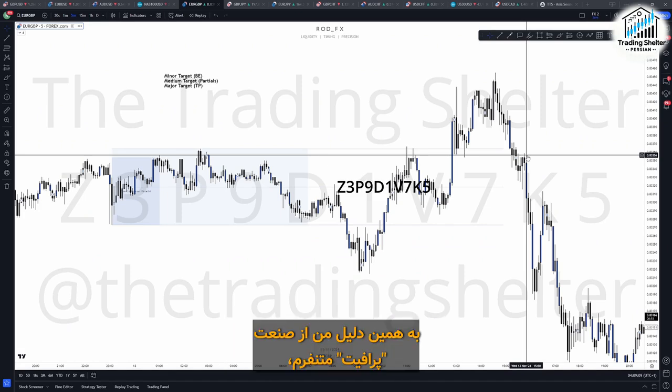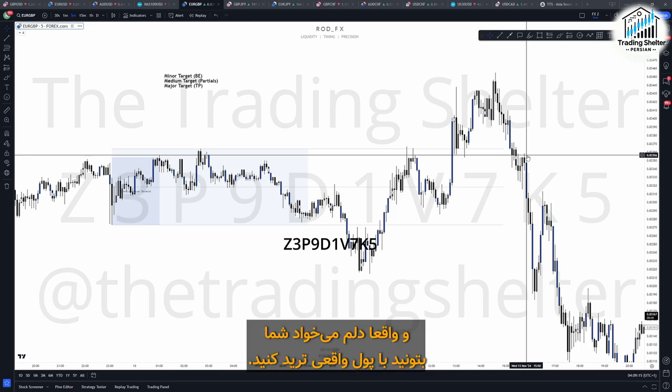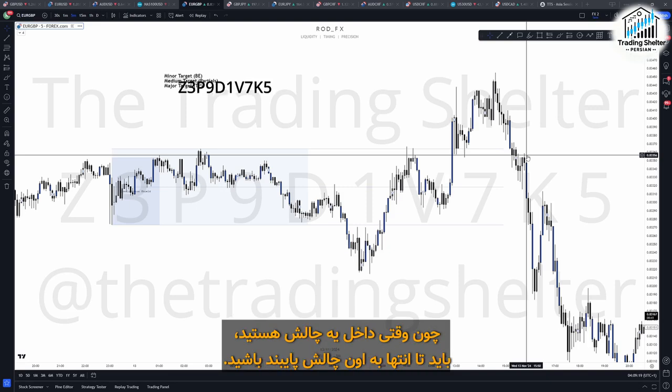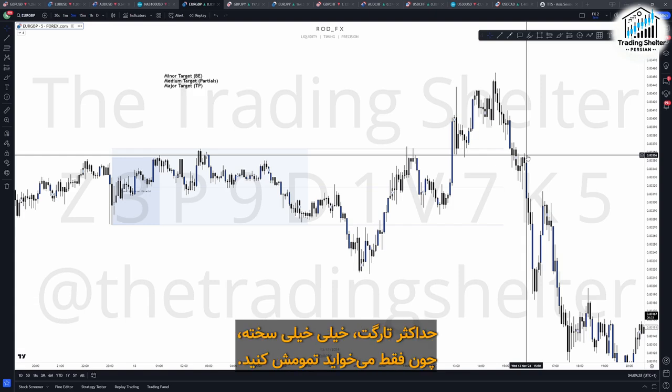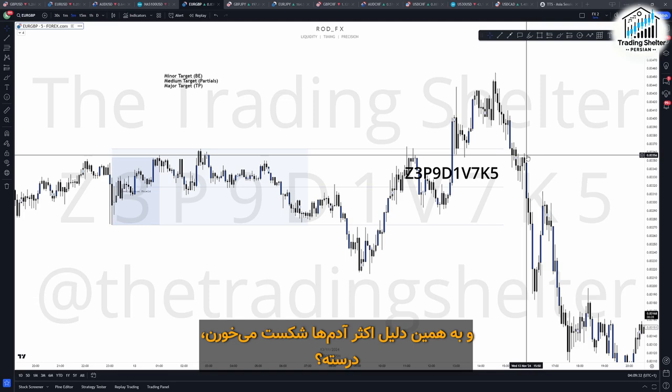And this is why I hate the prop firm industry. And I really want you guys to be able to trade with real money. When you close a position in a challenge, you have to stick to that challenge until you pass it. And closing partials instead of holding to your maximum TP is very, very hard because you just want to get it over with. And this is why most people fail.